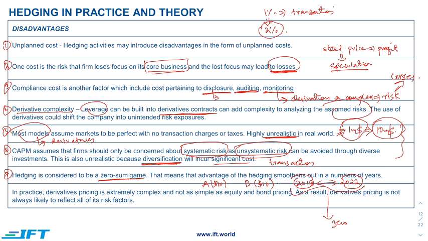Hedging has, of course, its own advantages, but theoretically, it is challenged that it's a zero-sum game. And in the last, the derivative pricing is extremely complex, and it's not as easy as equity and bond pricing. As a result, the derivative pricing may not capture all sorts of risk factors, and we may end up missing some risk that can be disadvantageous for us.